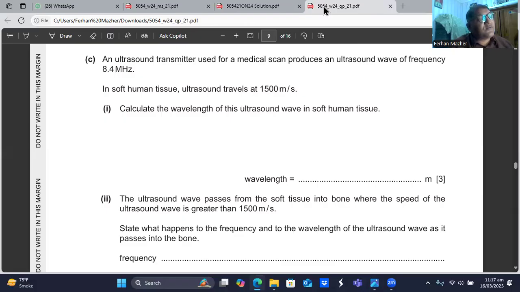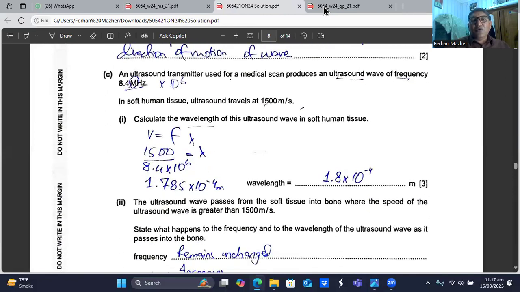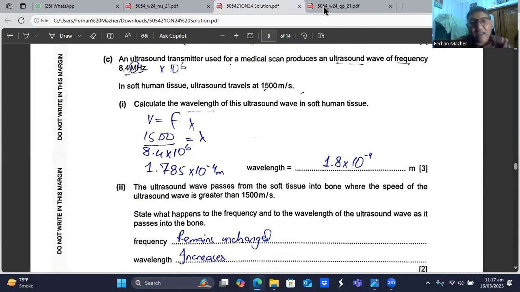You know the equation of the wave, v equals f lambda. So we can find the lambda. Lambda represents the wavelength. So here we go. v equals f lambda, so v divided by f will be equal to lambda. The frequency is 8.4 megahertz, which means 8.4 × 10^6.